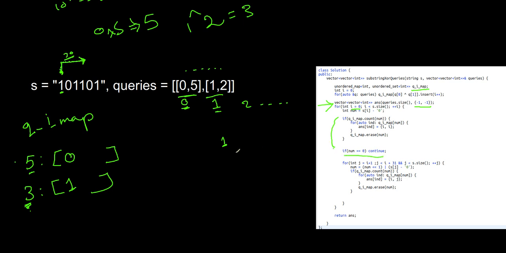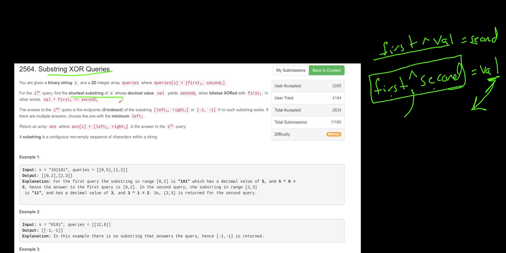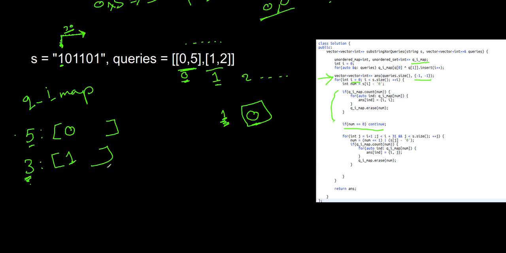Now if this value equals 0, we need to continue, and that's because only when the query XOR value equals 0, so if we have a query 0 0 or 5 XOR 5 equals 0, the shortest substring is this 0 itself, so that we need to check for this number.